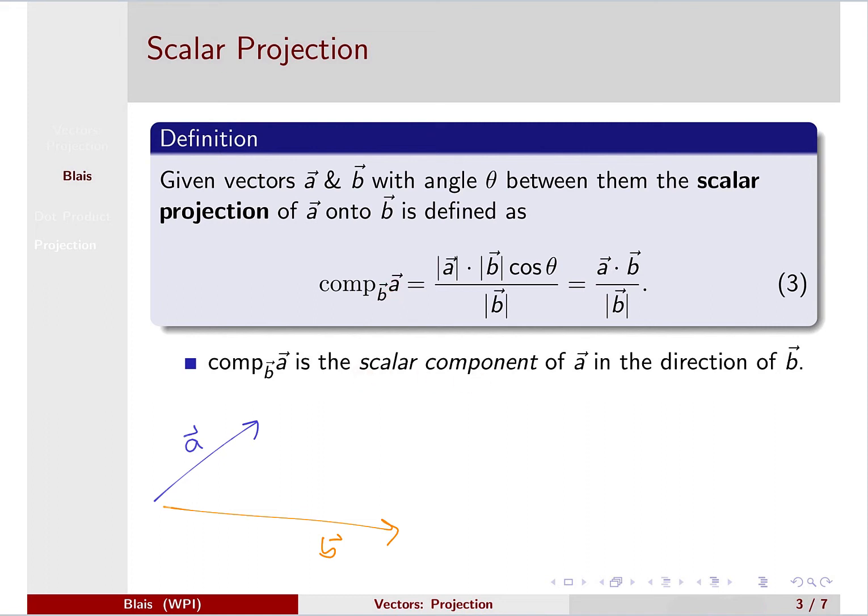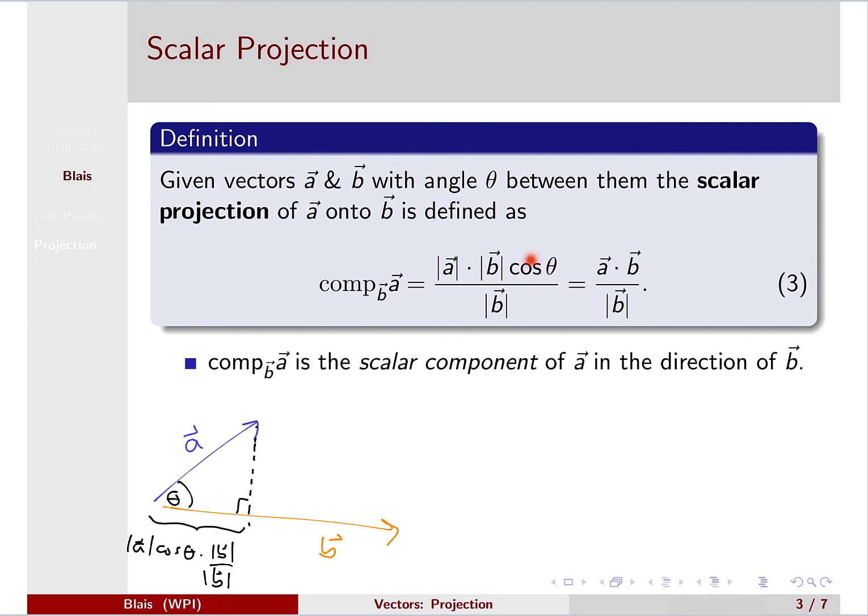And again, geometrically, we see that when we drop our perpendicular, the length of this side of this right triangle, we just argued it was the length of A times cosine of theta. But note, if we multiply both sides by the magnitude of B over the magnitude of B, we get this expression here.